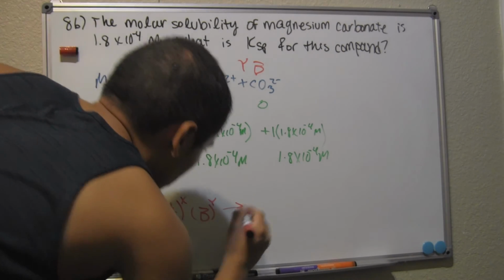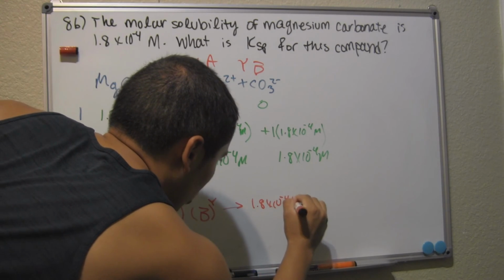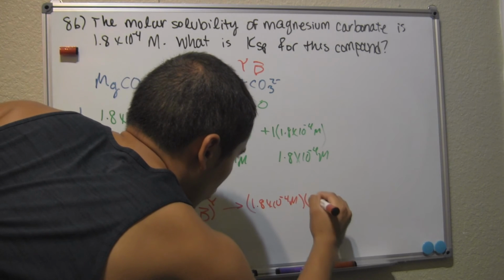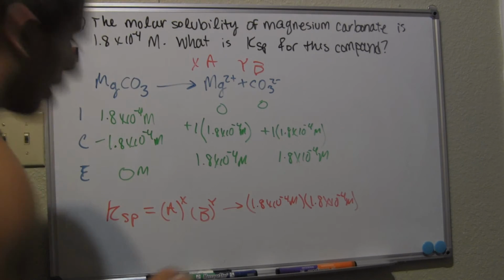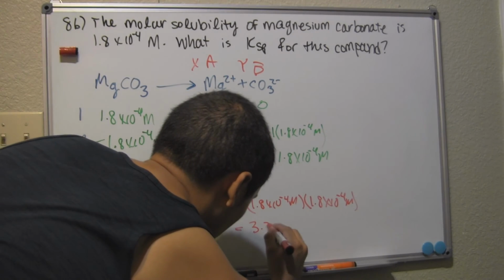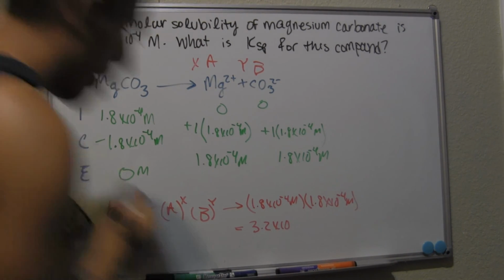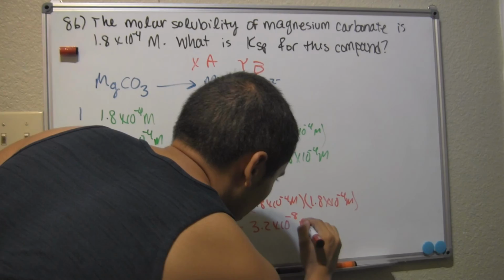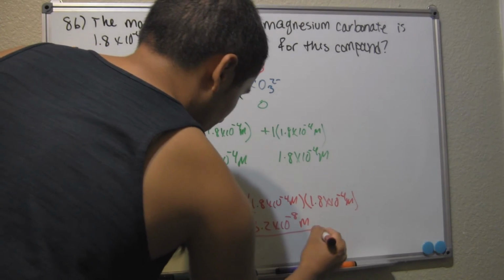So this is going to turn into 1.8 times 10 to negative 4 molar times 1.8 times 10 to negative 4 molar. Let me do the calculation, and that's going to equal 3.2 times 10 to the negative 8 power. That's going to be our answer.